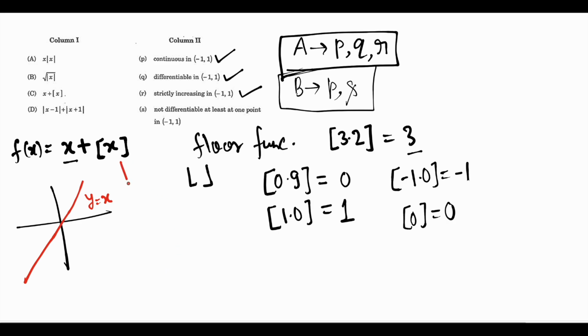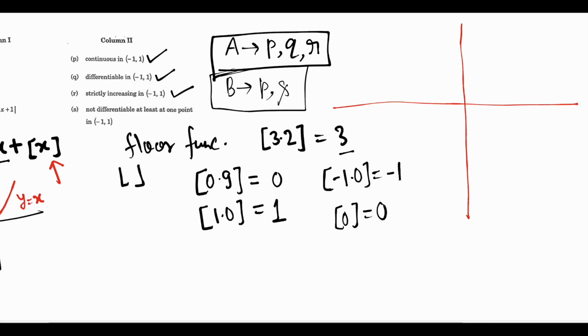Okay, so now let's jump back to our floor function and understand how we can plot this on a coordinate system. For that we establish an xy coordinate system, and we mark some points on the x-axis: 1, 2, minus 1, and minus 2.